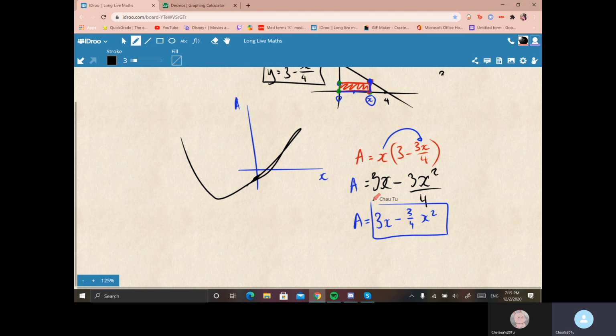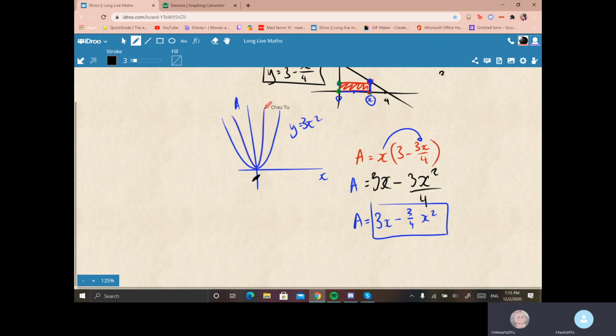No. Well, wait there. If I were to ask you to sketch y equals x squared, you would draw this, right? Yes. If I put a 3 in front of it, it just squeezes it. That thing there just squeezes it. It doesn't change the intercept. What's the intercept? Intercept 0.